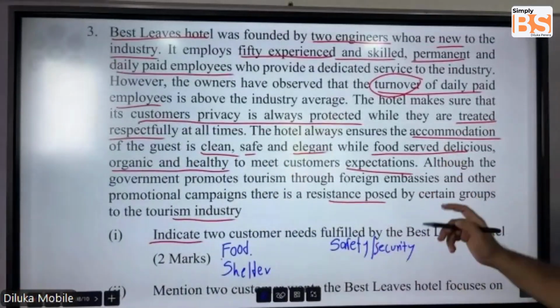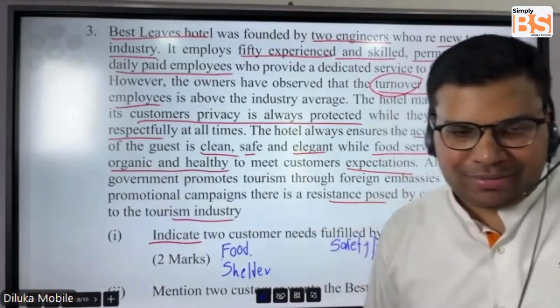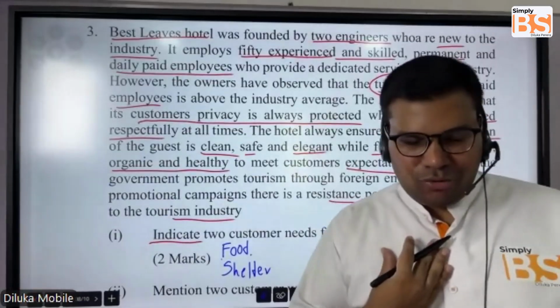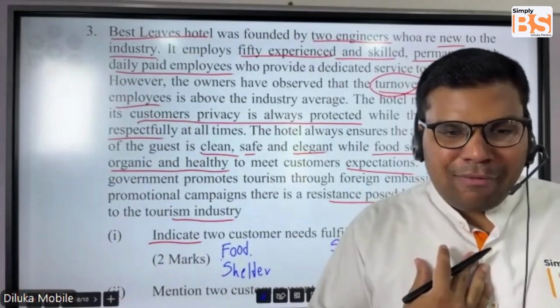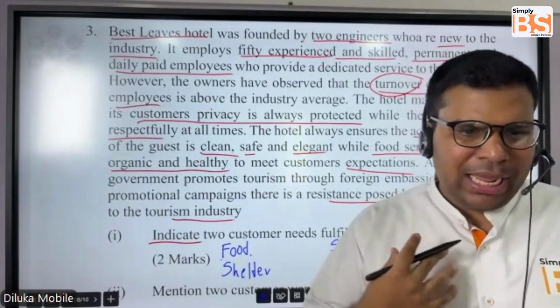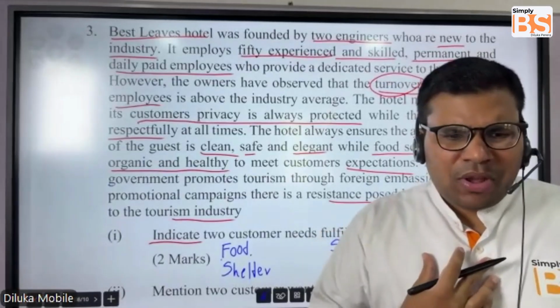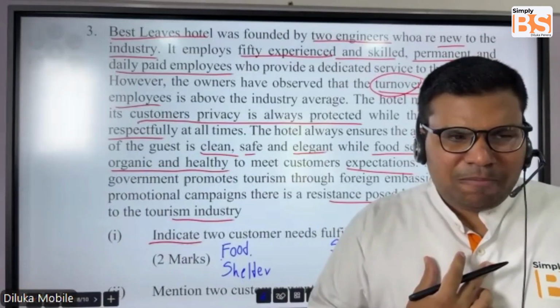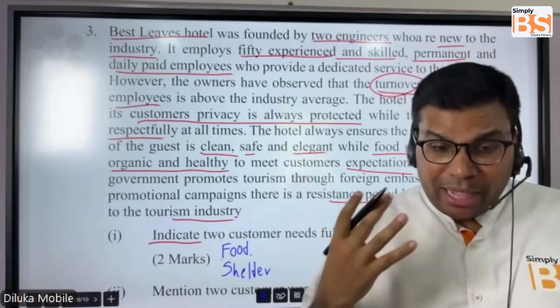So you can write the first want. It says organic and healthy food. When it comes to food, somebody might want to have organic or healthy food like these salads, vegetarian dishes, different types of vegan burgers, or healthy burgers.